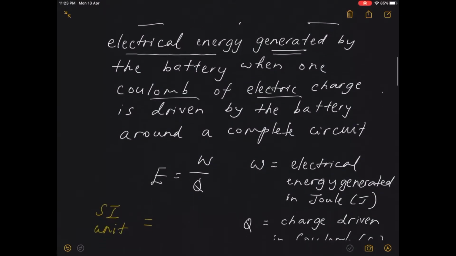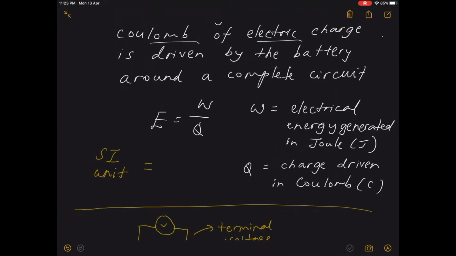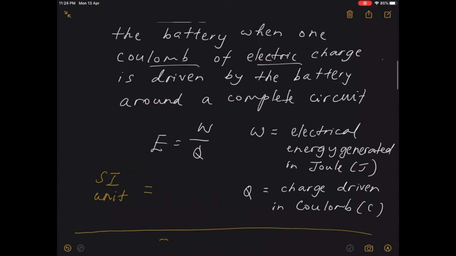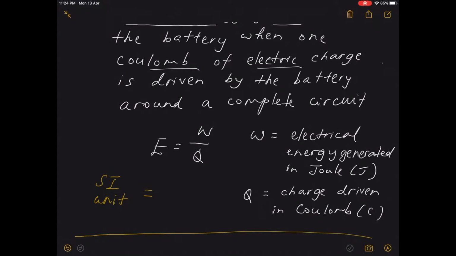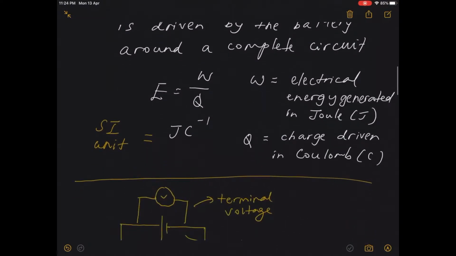The formula is E equals W over Q, where W is the electrical energy generated in joule, and Q is the charge driven in coulomb. Therefore the SI unit, if you follow the equation strictly, should be joule per coulomb. But nobody will write down joule per coulomb. They prefer the abbreviation, the short form, volt, symbolized by capital letter V.